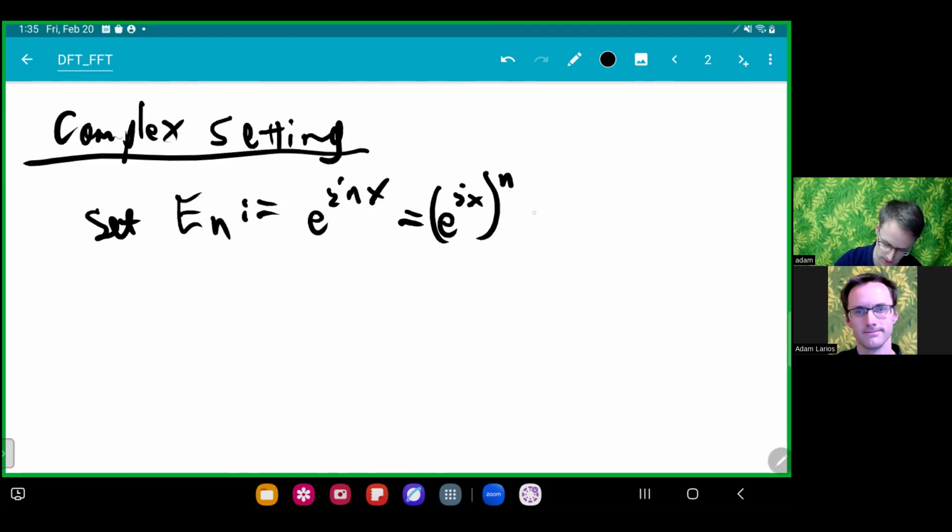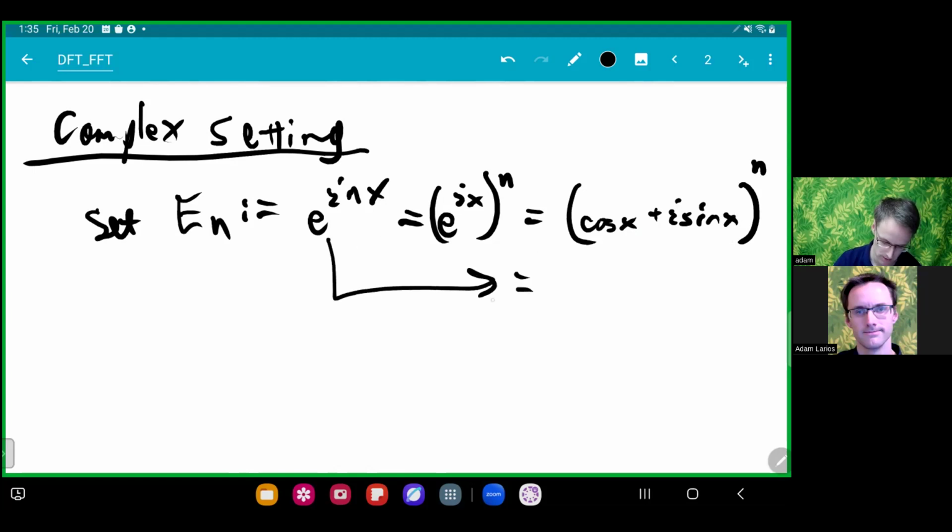And also that this is cosine of x plus i sine of x to the n by Euler's formula. And you can actually write this as cosine nx plus i sine nx, which has a nice name. I think it's de Moivre's formula.